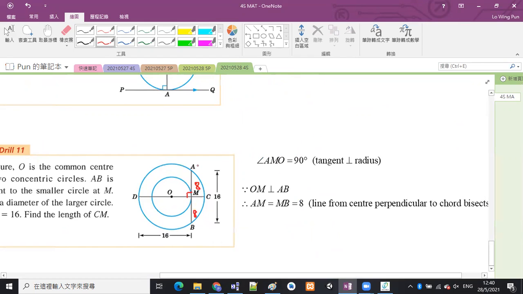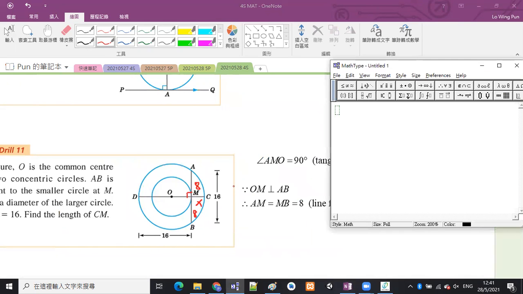At this time, I need to let X be CM. Let X be CM. And the whole diameter, DOMC, should be 16 plus X, right? Let me write this down.